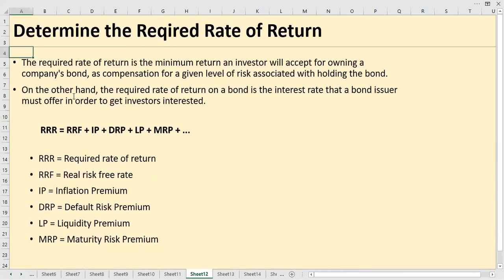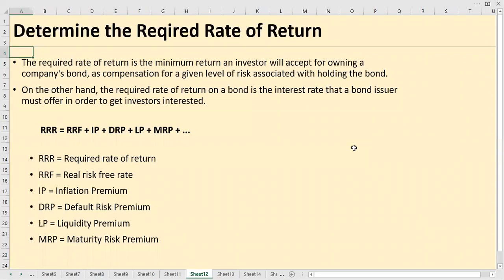The required rate of return is the minimum return an investor will accept for owning a company's bond, a compensation for the given level of risk associated with holding the bond. On the other hand, the required rate of return on the bond is the interest rate that a bond issuer must offer in order to get the investor's interest. So the required rate of return is equal to what is expected from the investor.